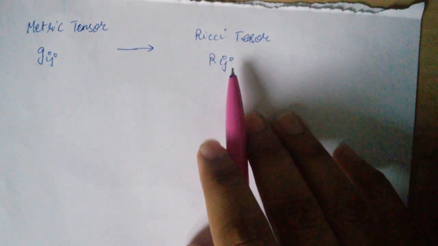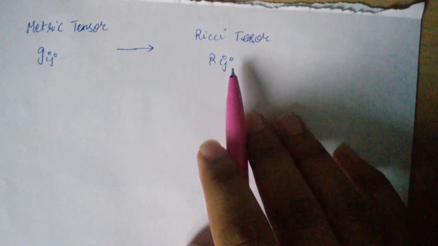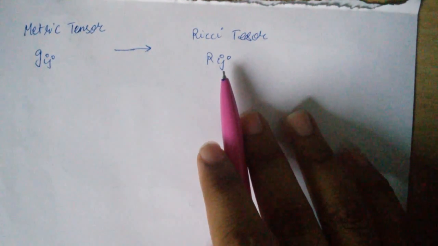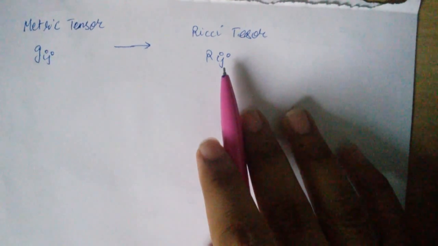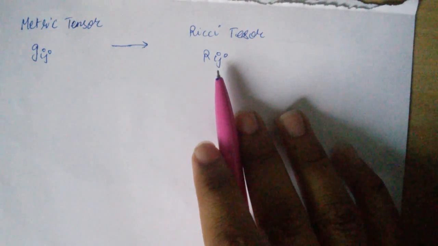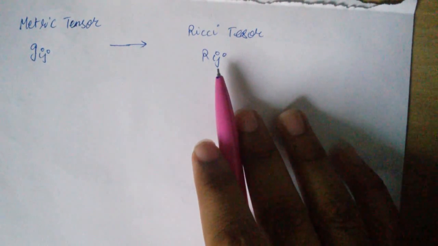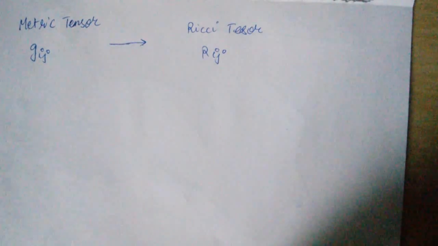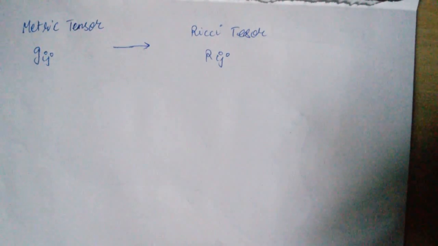If we consider the metric tensor to be a function of a variable which is usually called time, this time is not the usual time that we understand, it is just a variable. The Ricci flow then may be defined by the geometric evolution equation. So this was all for Ricci flow.